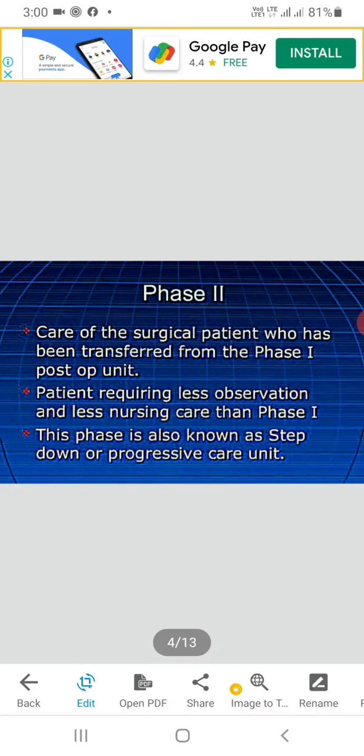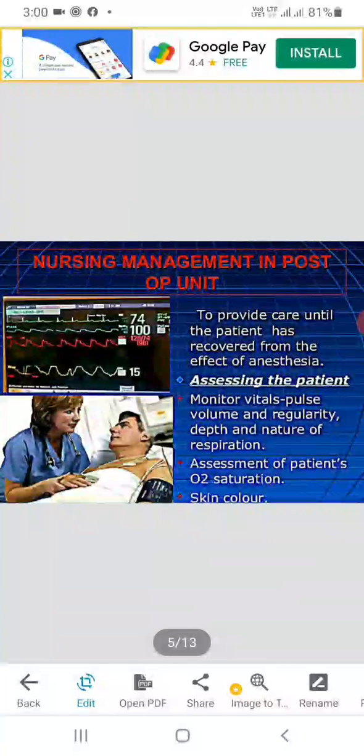Then nursing management in the post-operative unit is to provide care until the patient has recovered from the effect of anesthesia, and assess the patient's vitals: pulse, volume, regularity, and depth and nature of respiration.